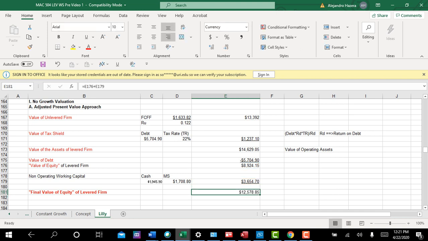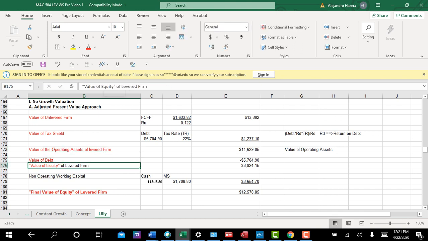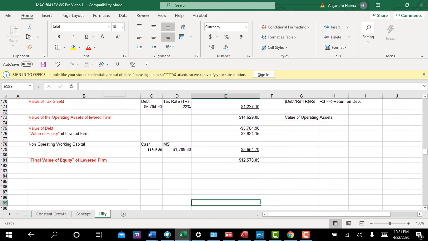The firm value here includes the value of the operating assets, less the value of the debt, and that gives you the value of the equity of the levered firm. Add back cash and things that are really not operating, and that gives you the value of equity of a levered firm.